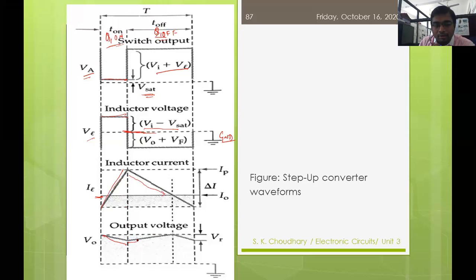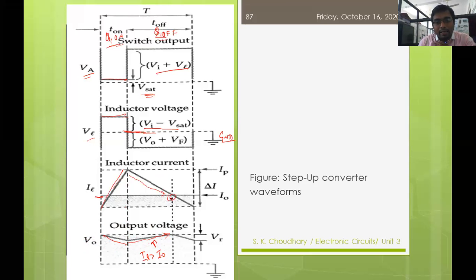The voltage across the output load, or the output voltage, or the capacitor voltage V0, is the voltage across the capacitor as well as across the load, because both are in parallel. So your output voltage starts to increase here, but it keeps increasing only while your IL is greater than I naught.